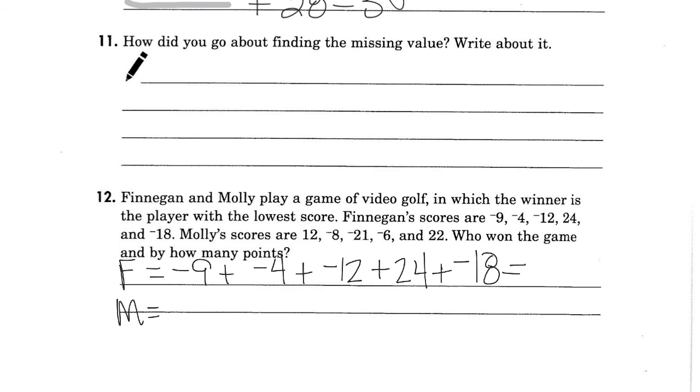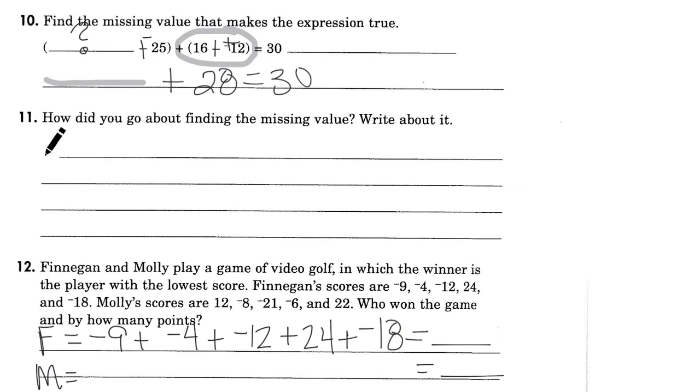Then you would do that problem, and then you would do Molly's, and you're going to get his score and you're going to get Molly's score. And then you're going to find the difference between them, who won the game and by how many points. Well, you're going to take the two numbers and subtract them, and you're going to get an answer. All right. So that's how to do this.